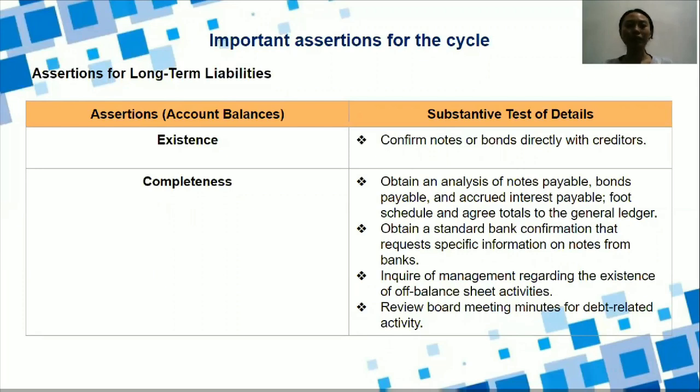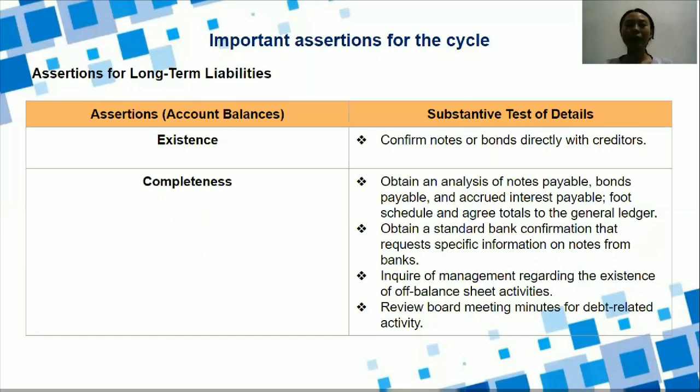Okay, the auditor can know it by obtaining an analysis of notes payable, bonds payable, and accrued interest payable. They need to put the schedule together and agree totals to the general ledger. This audit procedure, I think, is re-performance, okay?